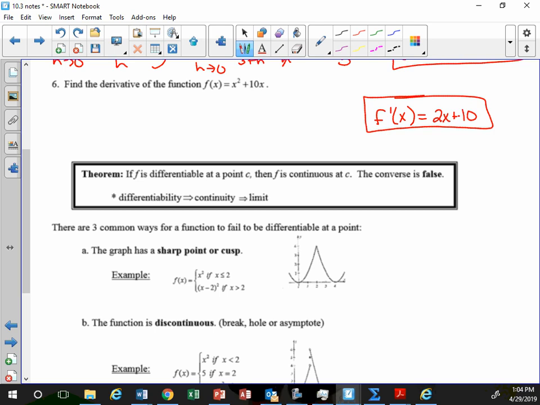I got 2x plus 10 plus 2x squared. Oh, I'm almost there, but I have an extra H. Cross it out. Yeah. Okay. Cancel out H, great.